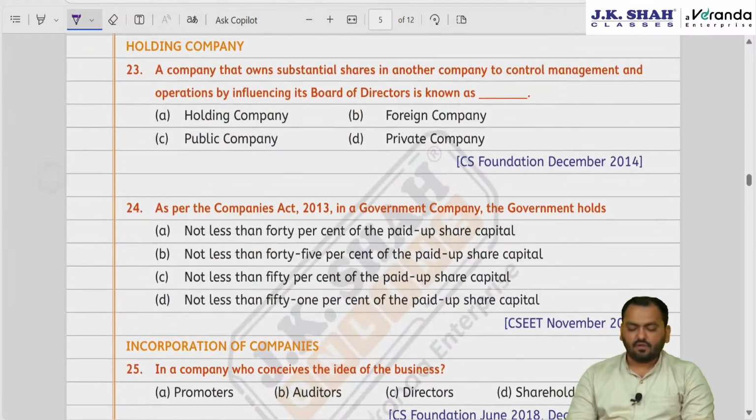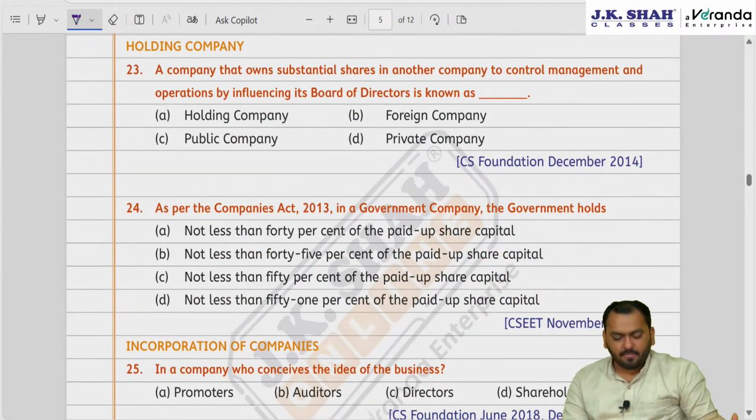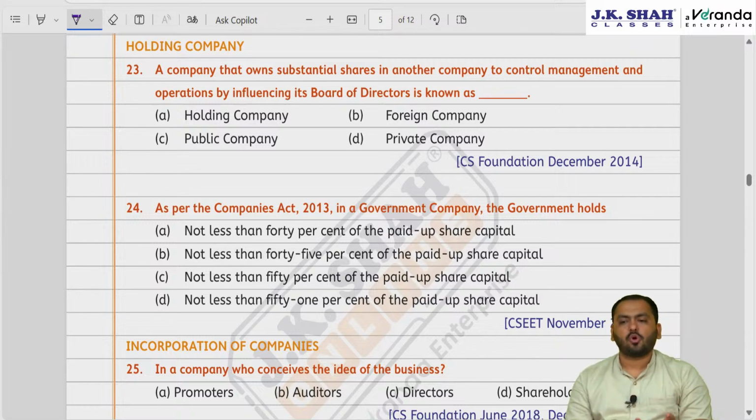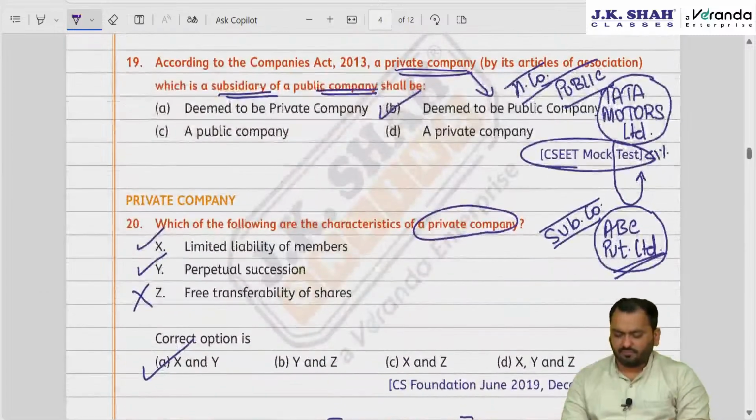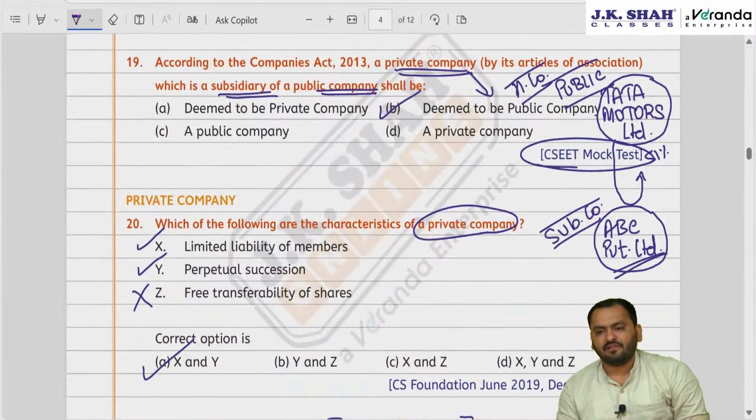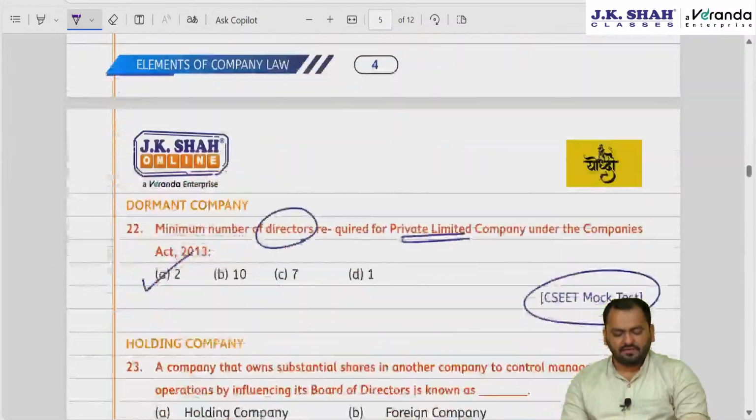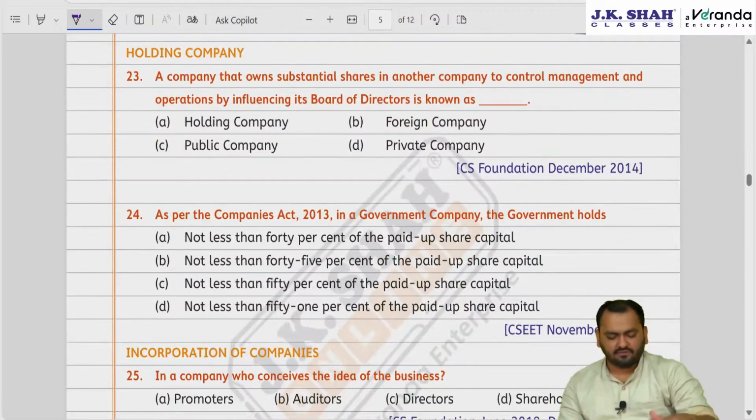Next, holding company. As I have already explained to you the concept of holding and subsidiary company, here you can see the example, Tata Motors Limited and ABC Private Limited. Let's see what the question is trying to ask.